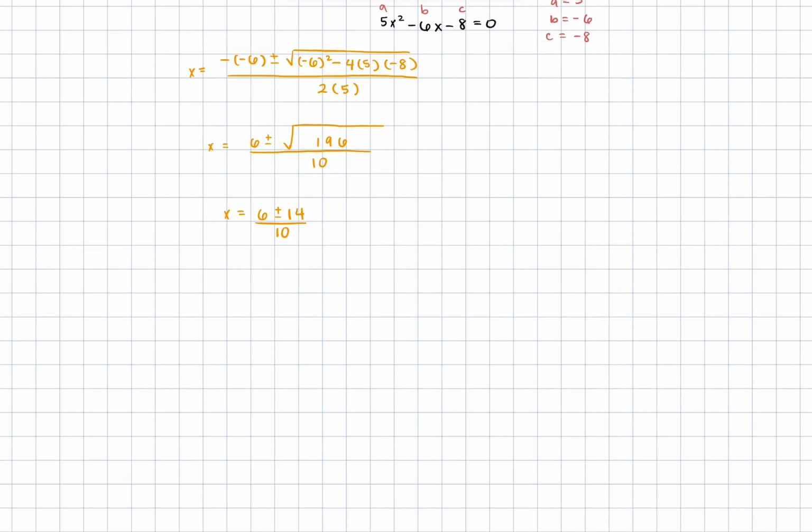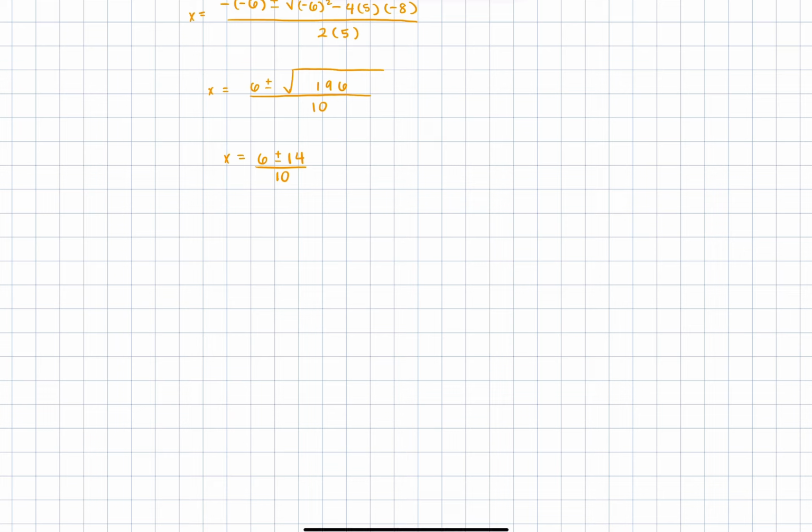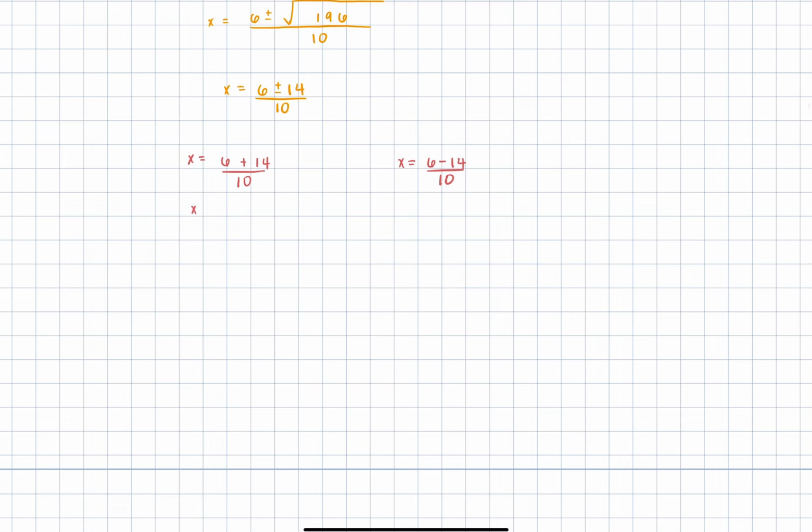Let's go ahead and split the plus and minus up. So we have x equals 6 plus 14 all over 10, and x equals 6 minus 14 all over 10. In this case, we have 20 over 10, which is nothing but 2, so x equals 2. Over here, for the subtraction, we have x equals negative 8 over 10, which simplifies to negative 4 over 5.